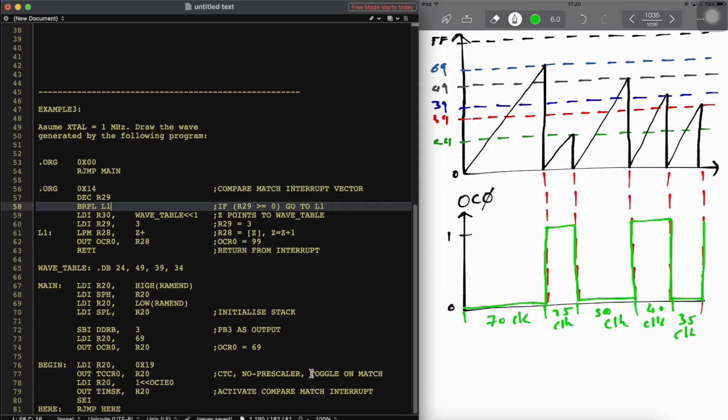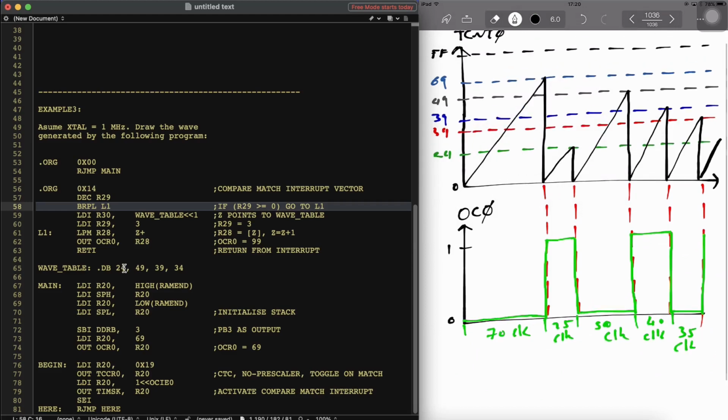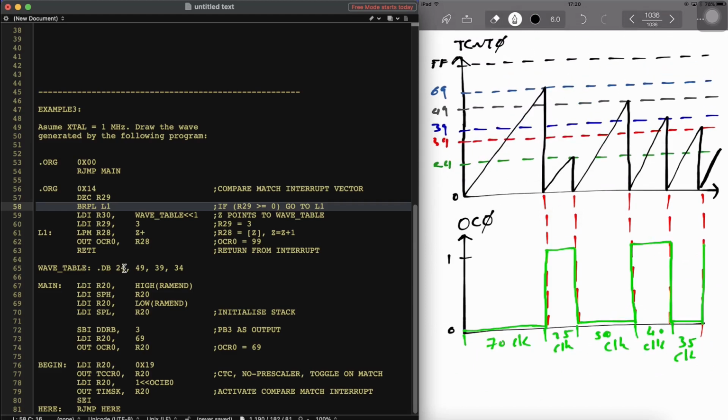So it will repeat from here. Going back to the beginning of the table, it will go to 24 and down. So this is how we are generating a wave according to the code given.